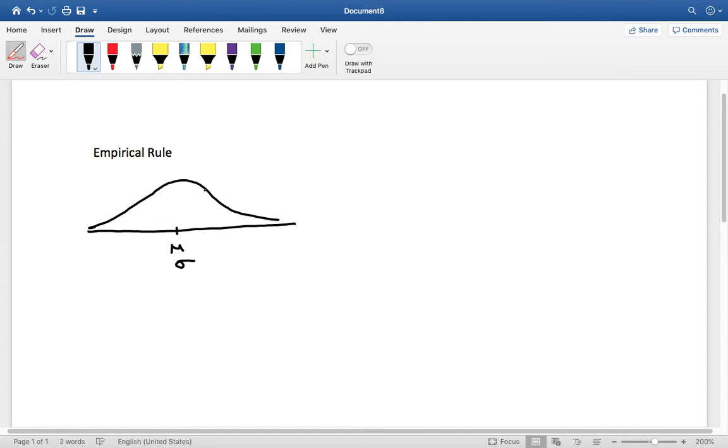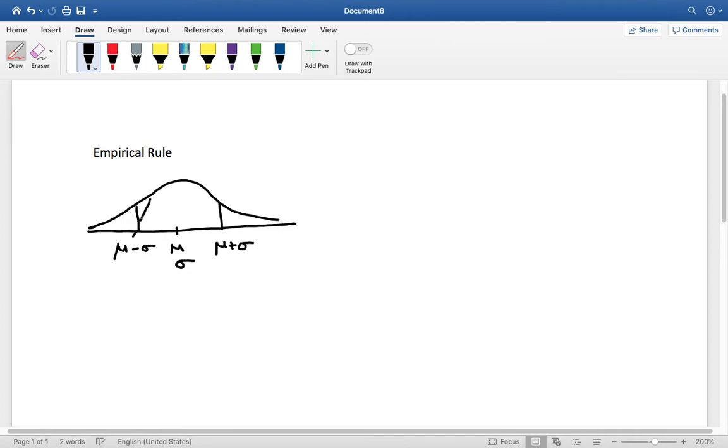What the rules in fact say is that if I know the mean and the standard deviation, and data is normally distributed, if I take the mean, whatever that value is there, and to it I'm going to add the standard deviation. I do the same thing on the other side. I take the mean, but this time I subtract the standard deviation.